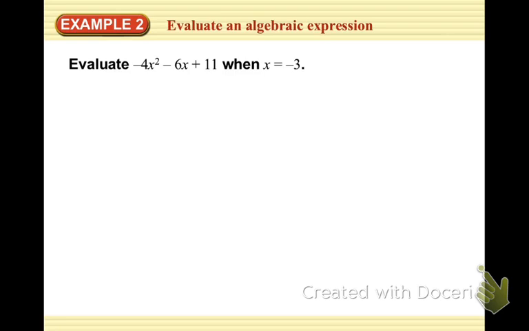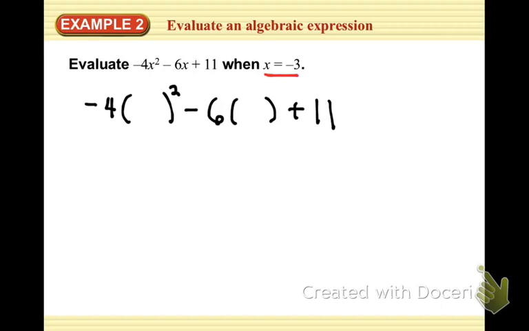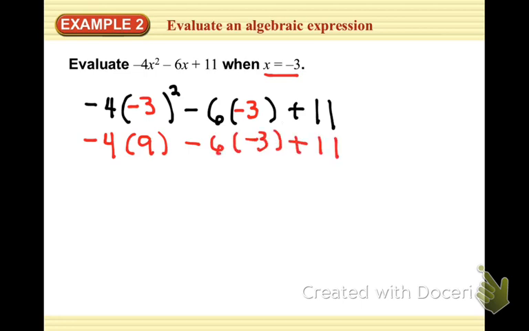If the directions ask you to evaluate, you will substitute a given value for the variable. So first, substitute -3 for the variable x. So -3, -3. Then we're going to evaluate the power. So we end up with -4. -3 times -3 is 9 minus 6, -3 plus 11.